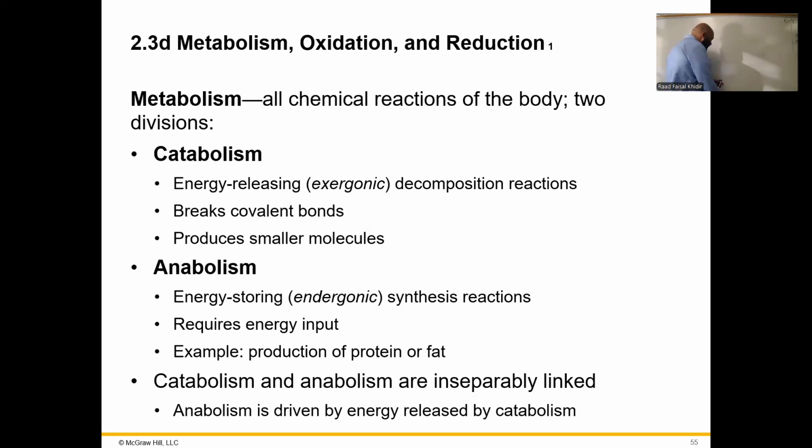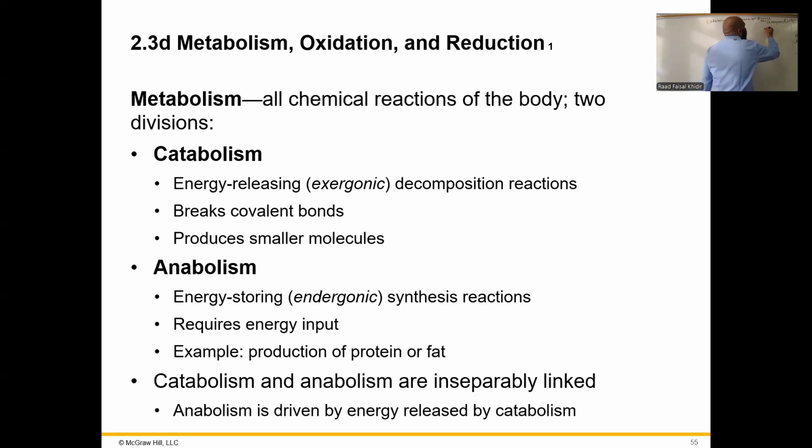So you already know that catabolism means breakdown. And breakdown means we gain plus energy. Now, the word they use for that is exergonic. Why exergonic? Because the energy exits.